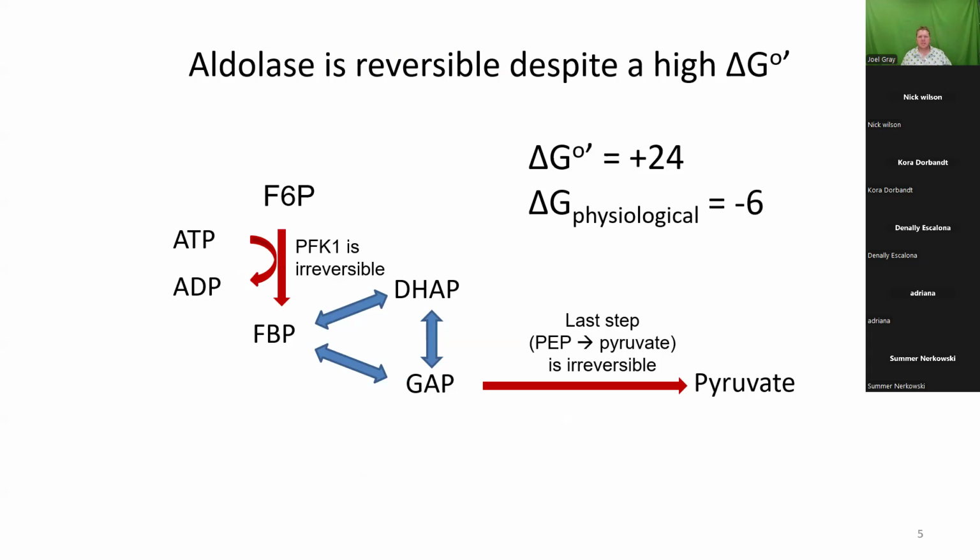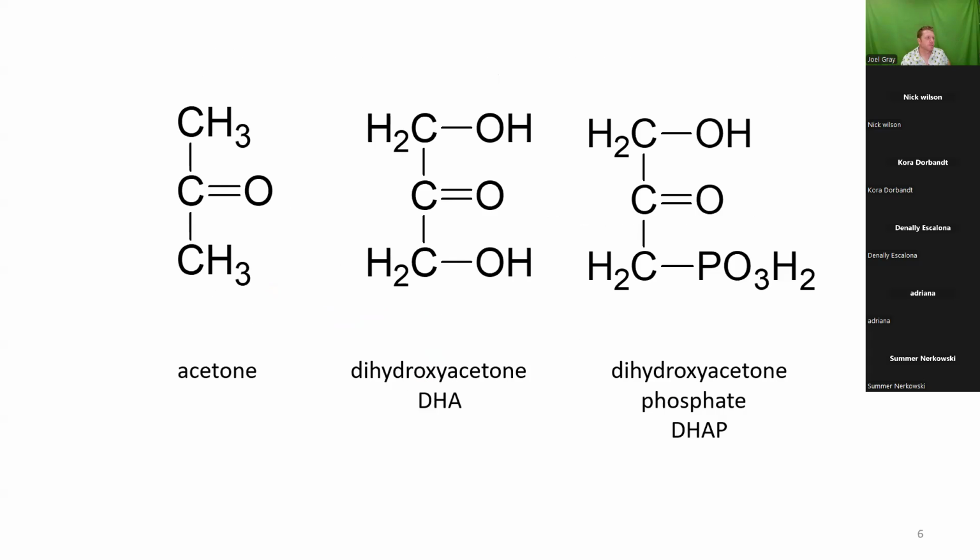So aldolase, it seems almost as if it shouldn't be reversible. It is. We have this molecule that's being broken from 6 carbons down into 2 3-carbon molecules. Well, that reaction can go back just as easily. It is a reversible reaction.